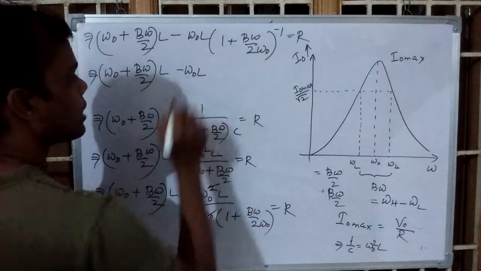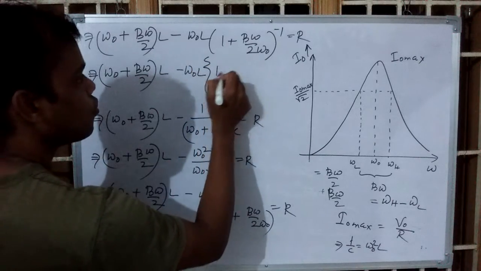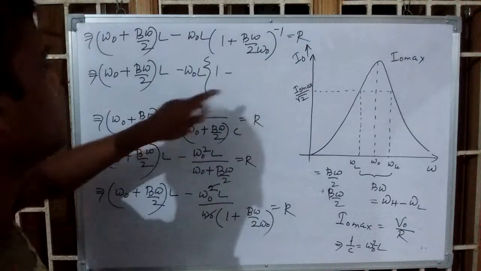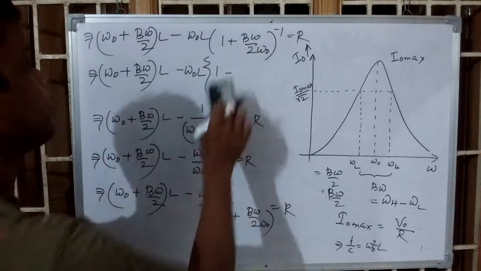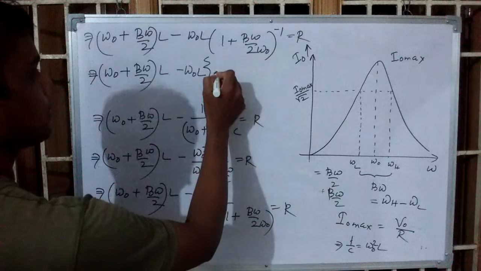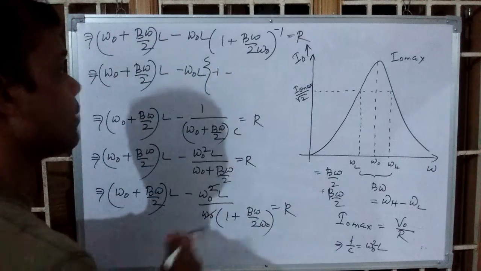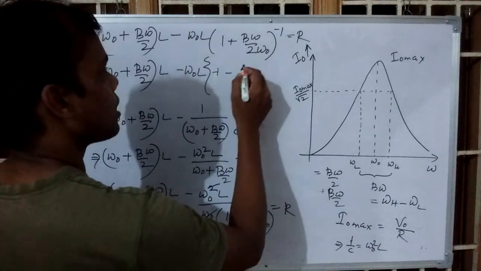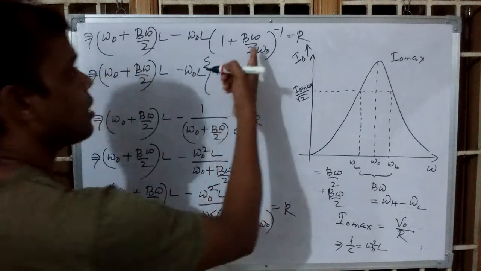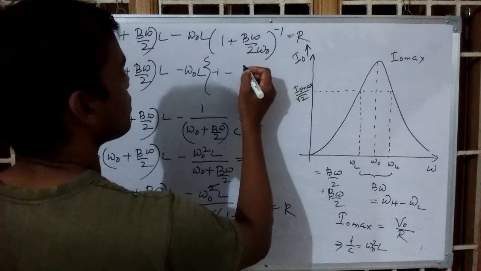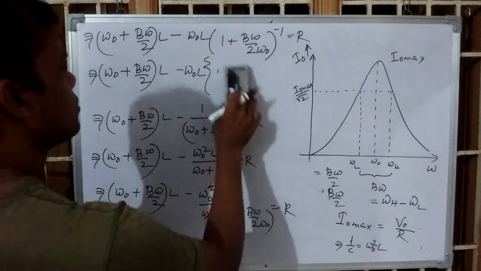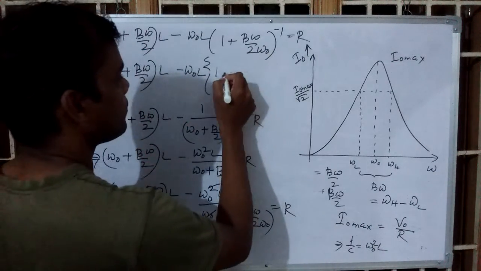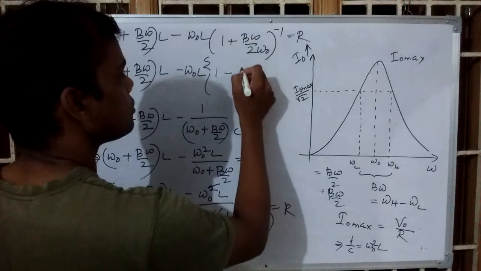Outside it is omega naught L, so inside the bracket it will be 1 minus, with n equal to minus 1, the first term is 1, then the second term is nC1, so it will be minus this term.